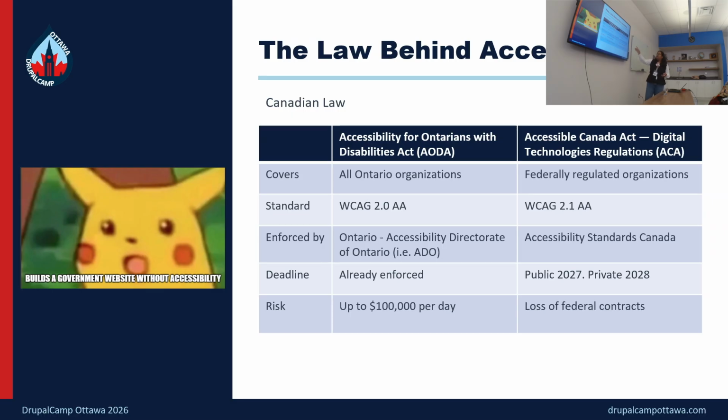The next one is ACA, which covers federally regulated organizations. The standard is WCAG 2.1 AA. It's enforced by Accessibility Standards Canada, and the deadline for public entities is 2027 and for private entities 2028. The risk is loss of federal contracts.